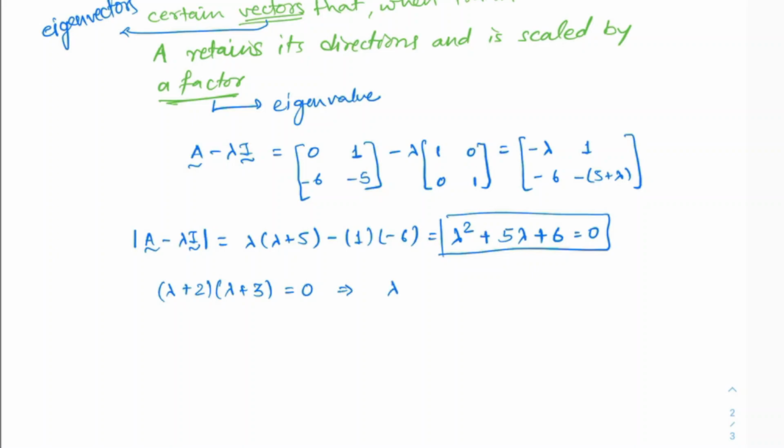That means lambda equals minus 2 or lambda equals minus 3. Let us keep a note of it. These are the eigenvalues. What is so special about these eigenvalues? We'll take a look at it very shortly.